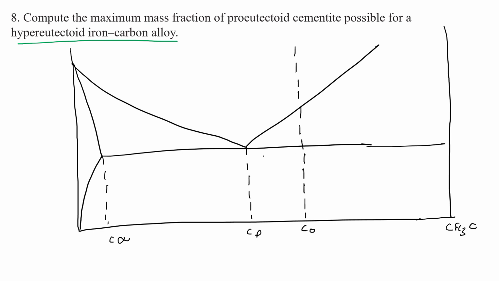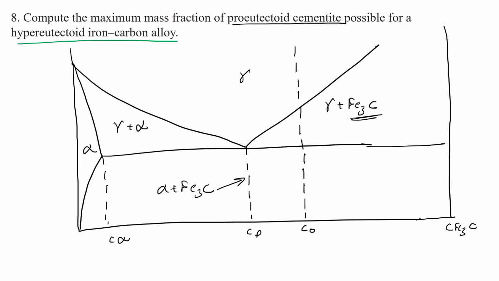So the cementite that is possible. We have been asked the mass fraction of proeutectoid cementite. Of course, if we are in this region, we'll be precipitating out Fe3C and not alpha, right? And this is the pearlite phase, 100% pearlite phase here. So what is the maximum amount of it? The maximum amount of cementite can be given by this here, right? And this here is 6.7 minus 0.76, over 6.7 minus 0.022.